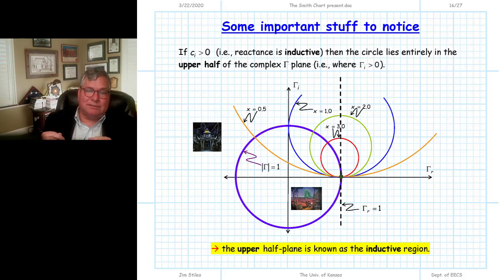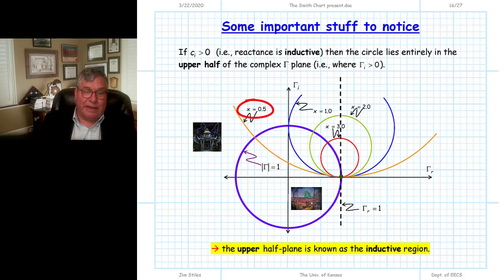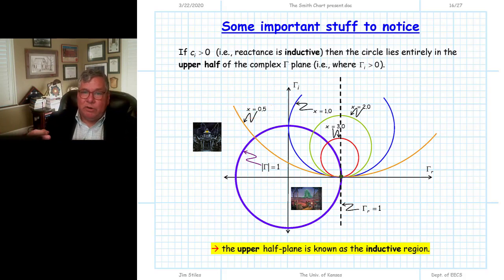As the real part of that impedance increases from 0, what we find is that contour, that mapping, will move into the validity region. The resistance is becoming positive. That's part of the validity region. The imaginary part again is 0.5, but the real part becomes more and more positive.